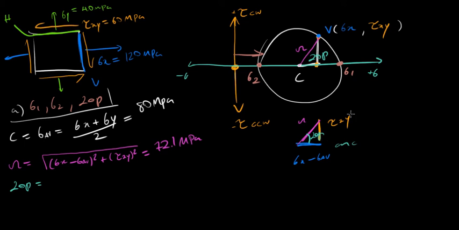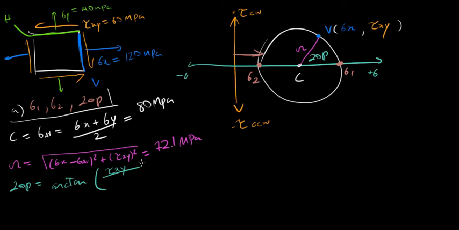Alright, so 2 theta p is the arctangent of the y component, which is tau xy, and the x component of the triangle is sigma x minus sigma average, right?